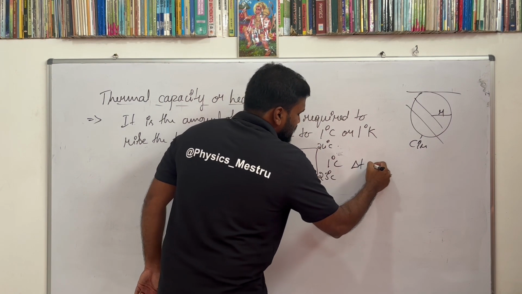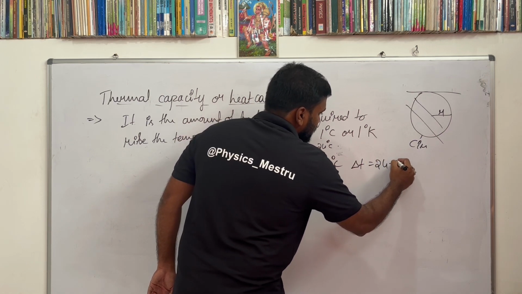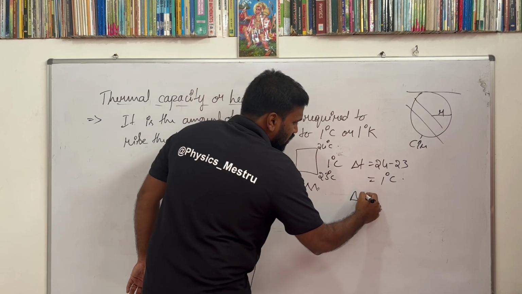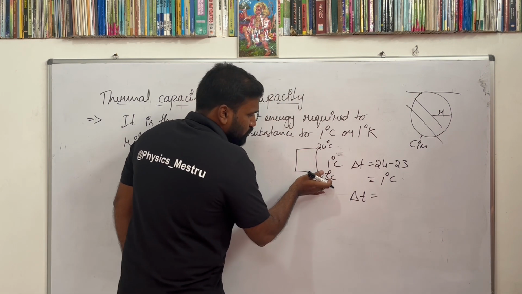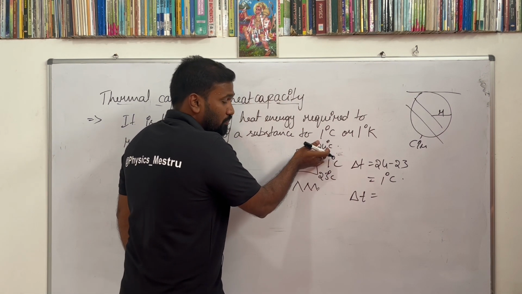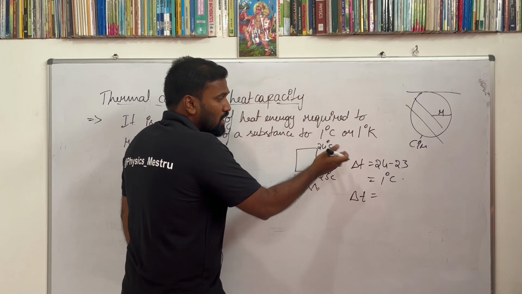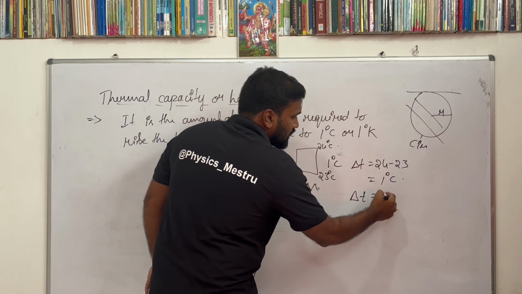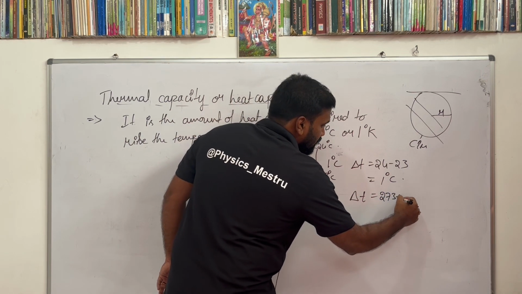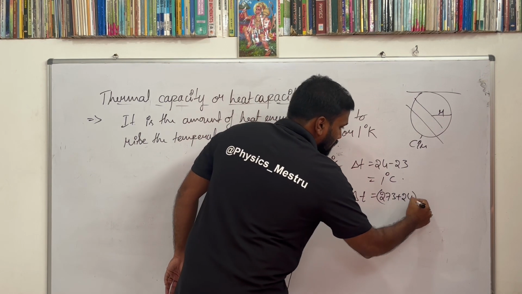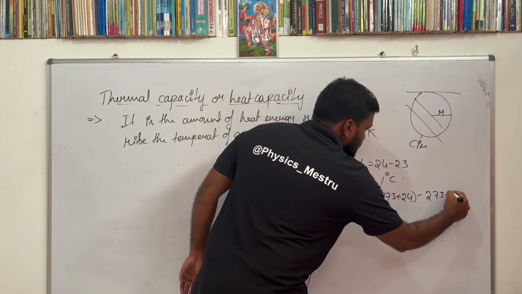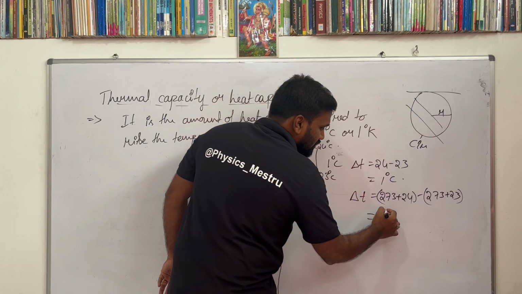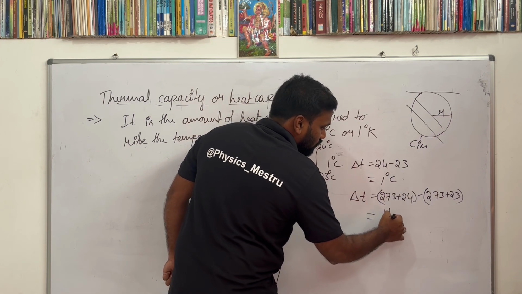The change in temperature will be 24 minus 23, which is 1 degree Celsius. In the Kelvin scale also, it will be 273 plus 24 minus 273 plus 23. If you cancel, we get 1 Kelvin only.